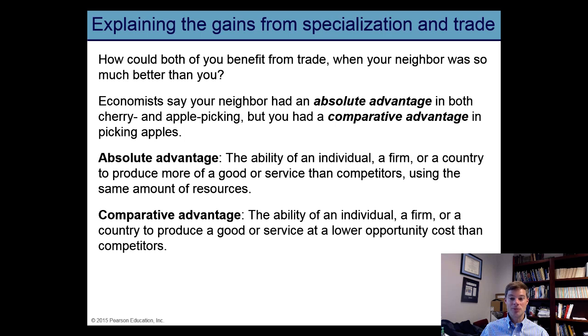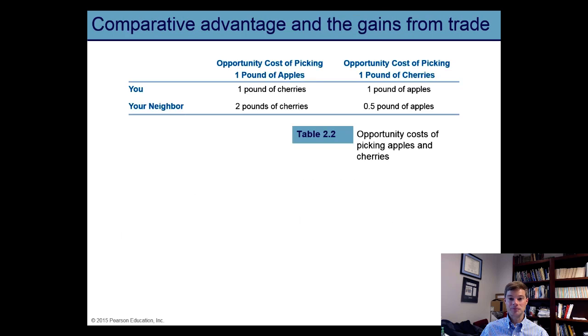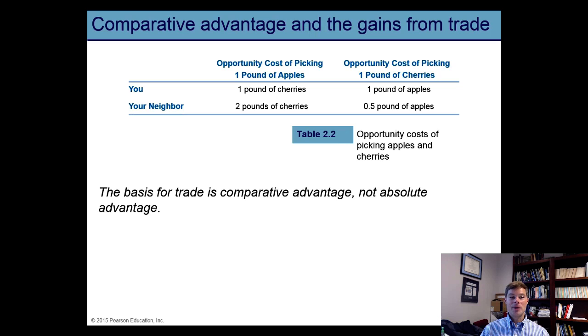If you are able to produce a good at lower opportunity cost than the other individual, then you have a comparative advantage at producing that good. I want to conclude by identifying what your comparative advantage is in this example and what your neighbor's comparative advantage is in this example, because this will explain why you picked the apples and why your neighbor picked the cherries.